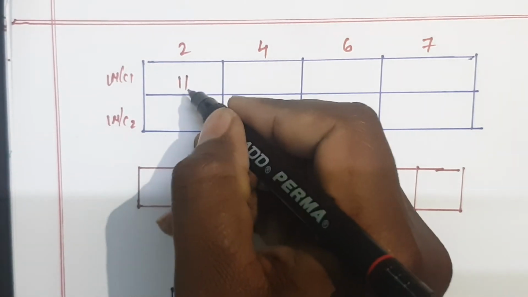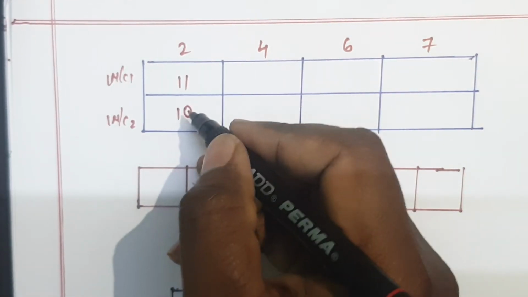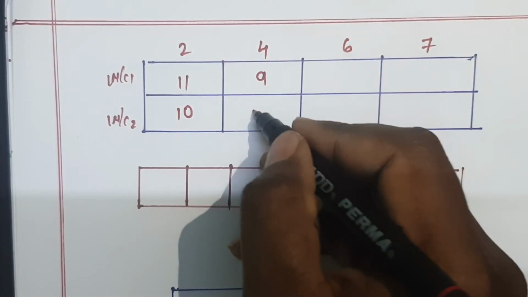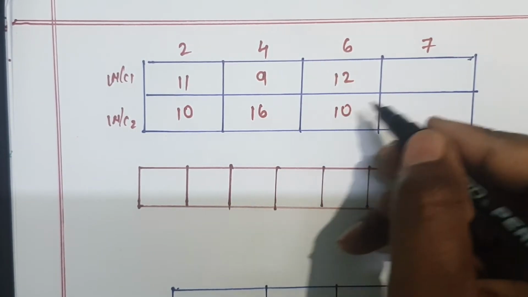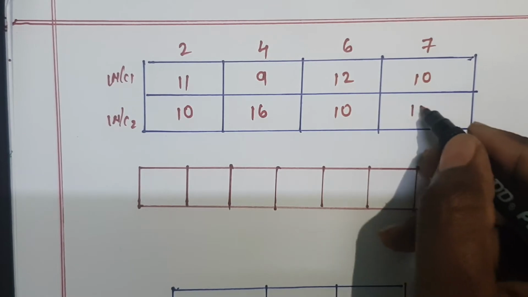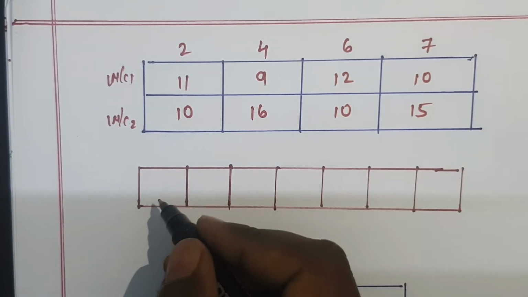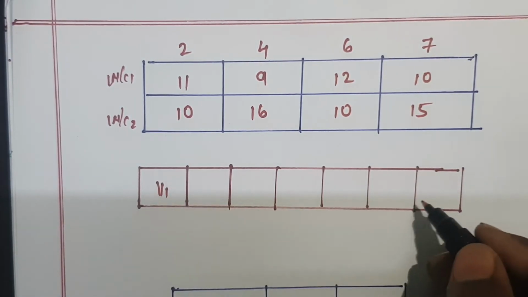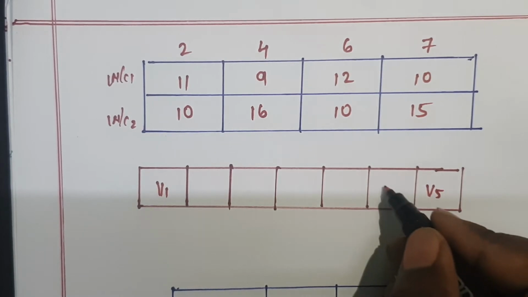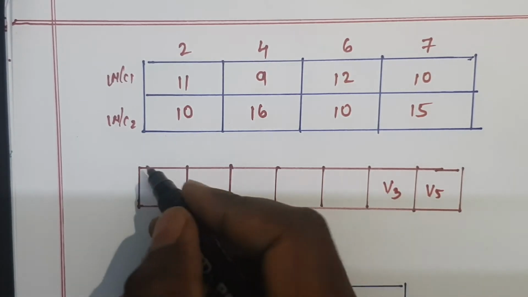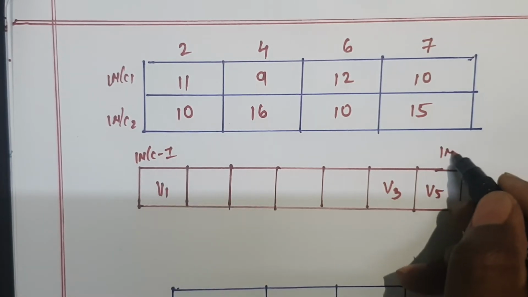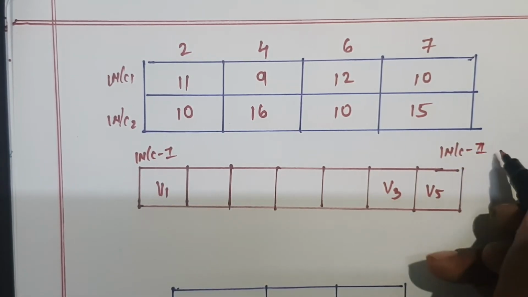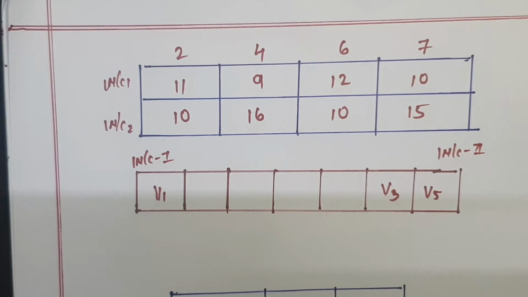Then the values are 11, 10, 9, 16, 12, 10, 10 and 15, and here you got V1, V5 and V3. This one is known as WC1 and the second one is known as WC2.